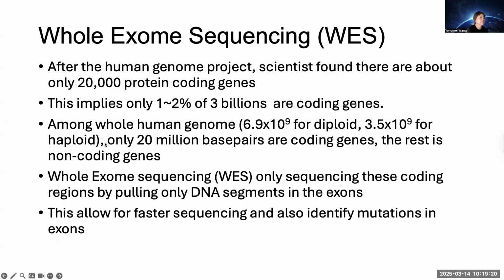I still remember in 2004, I was reading the news when they published the first human genome, and they were saying that so much of the DNA sequence in our human genome is non-coding. You don't see them in the final protein product. So you might call it junk genes.